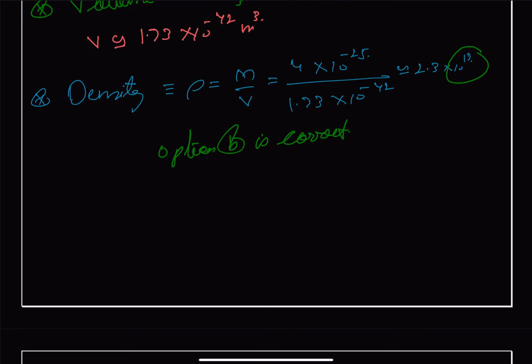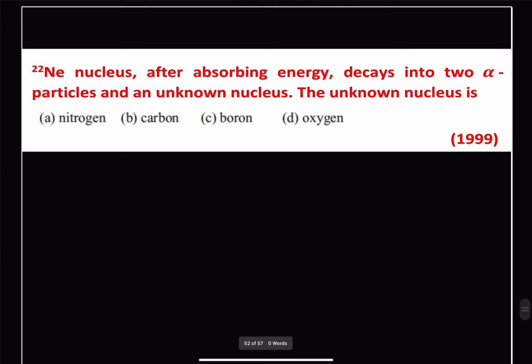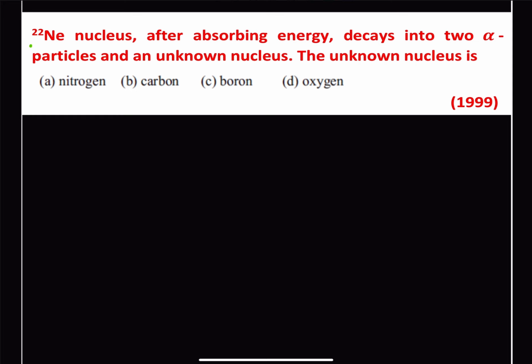Next question. It is said that a nucleus after absorbing energy decays into 2 alpha particles and an unknown nucleus.